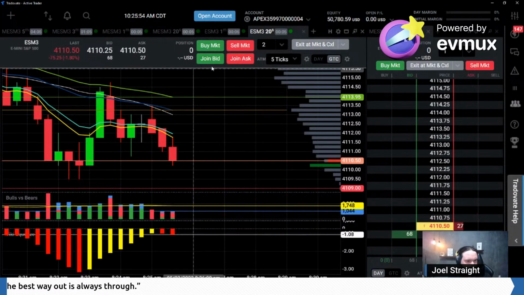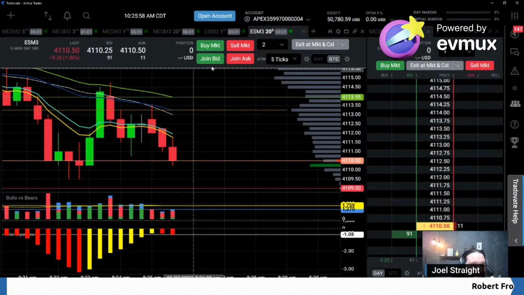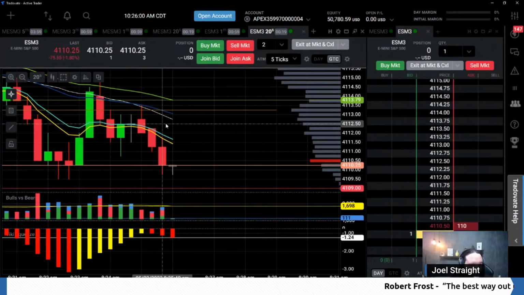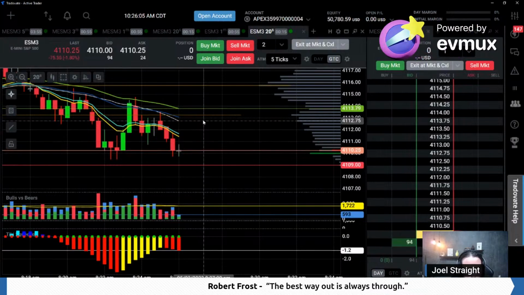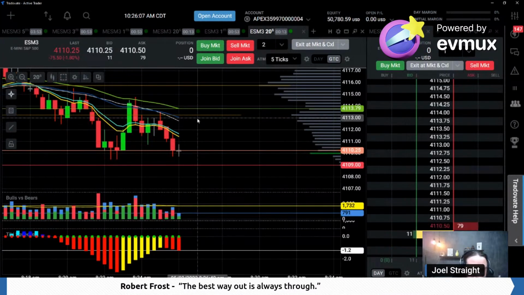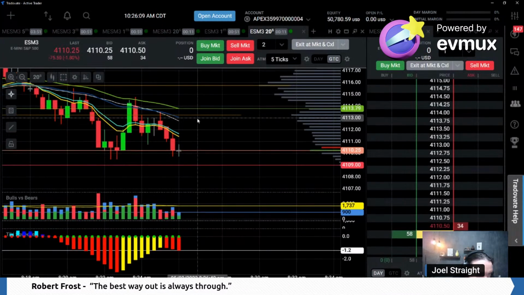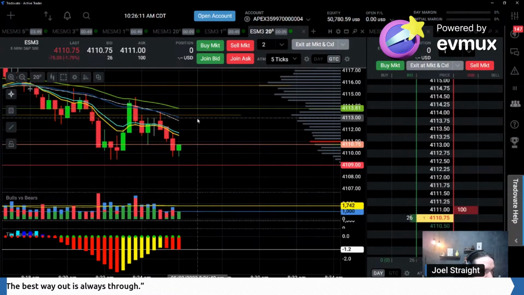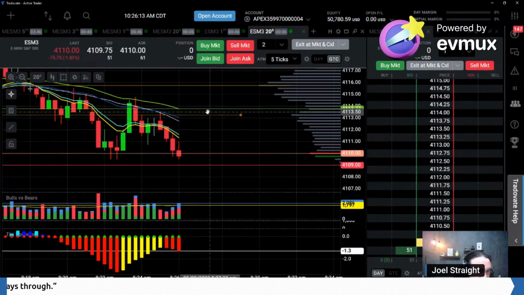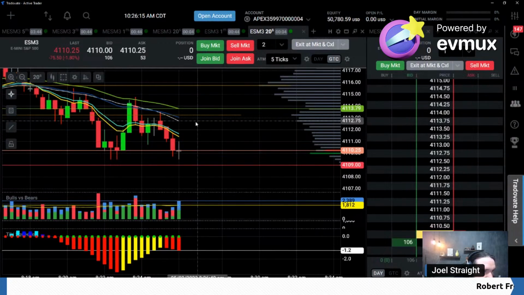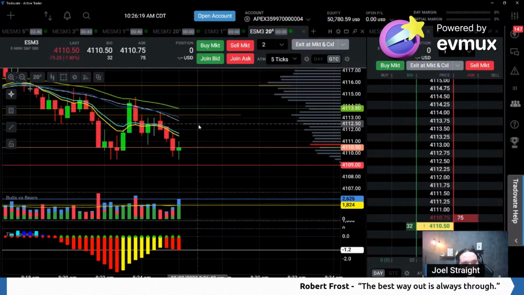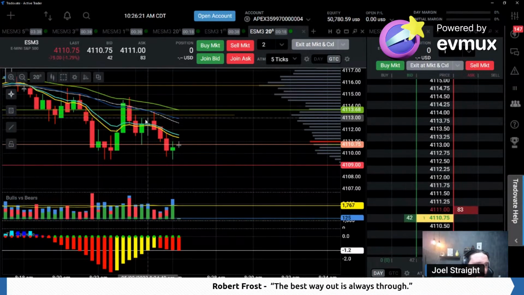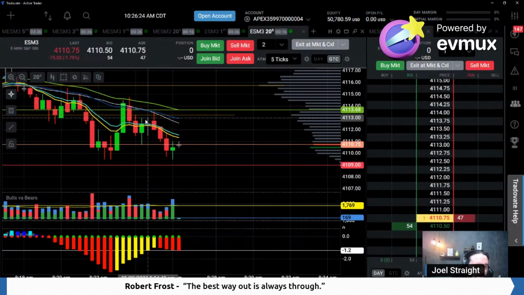Breaking back down. Down near the lows of 4109. ES has lost $75 on the day so far. Down 1.8%, and what looks to me like almost free fall. Kind of crazy.